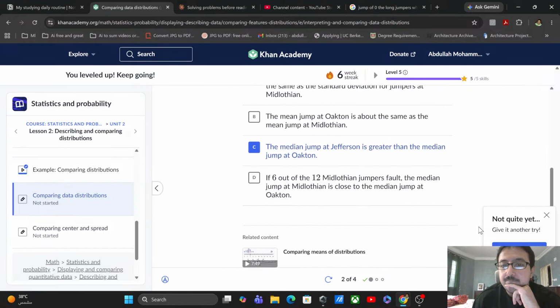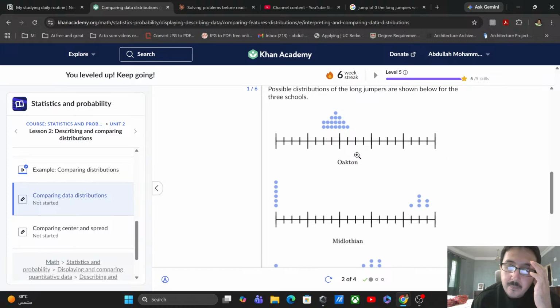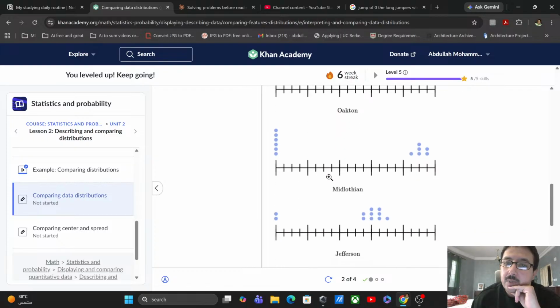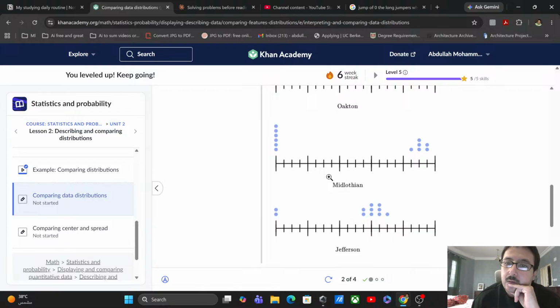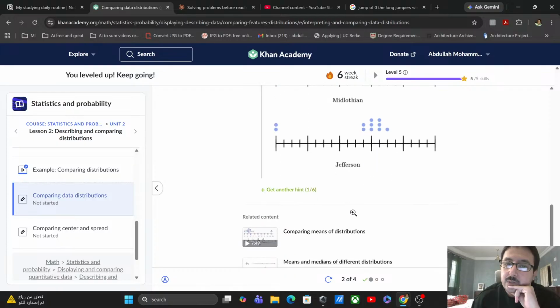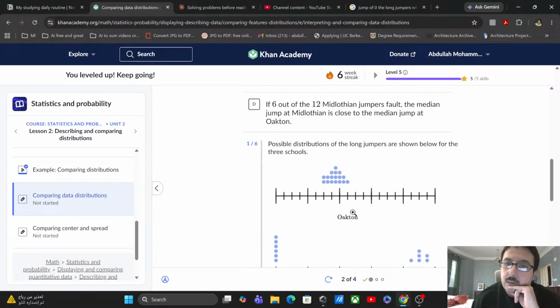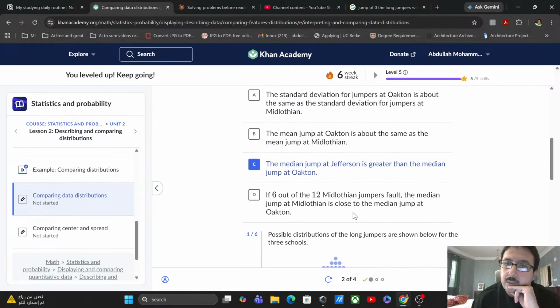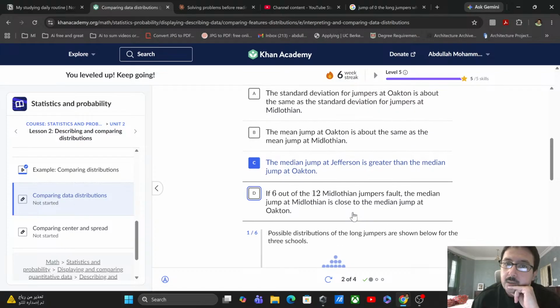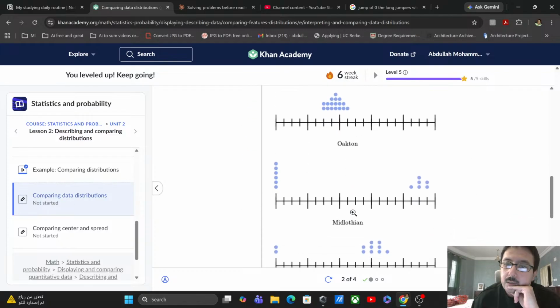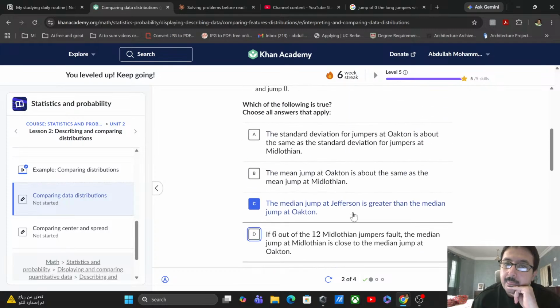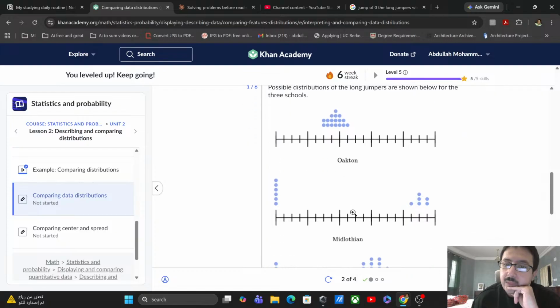Possible for long jumpers at Octane, Middleton, Jefferson. That's it. Octane, not at all.